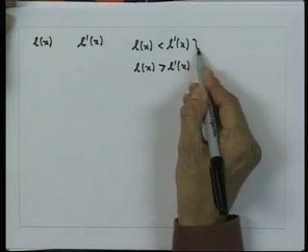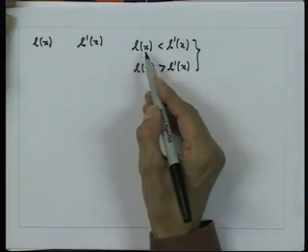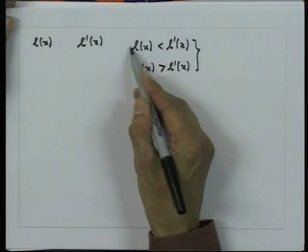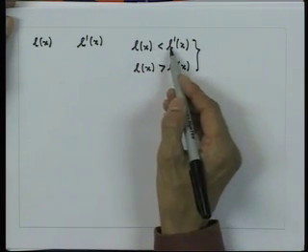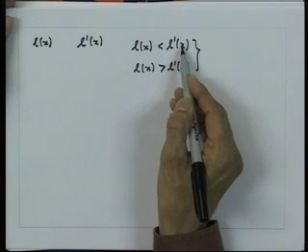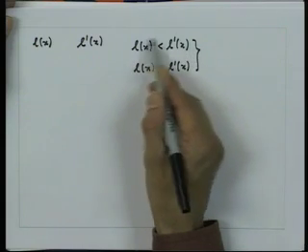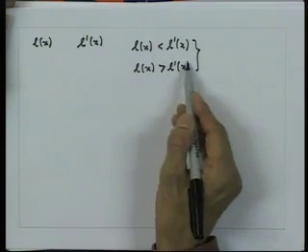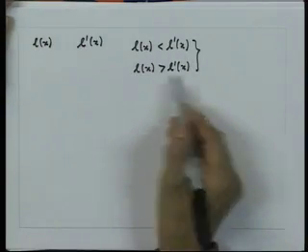So, this is something which is desirable. This should happen more often than this. So, that means probability of this should be more than this.